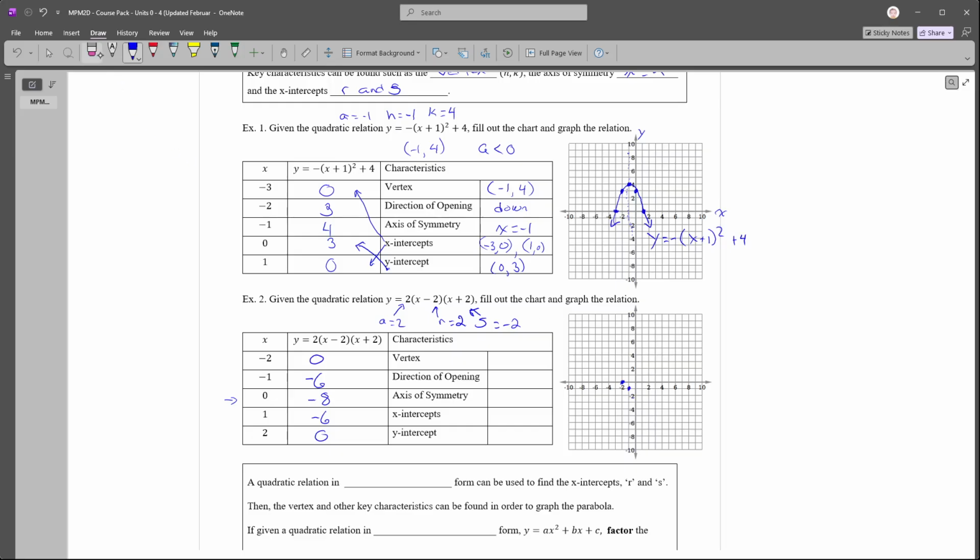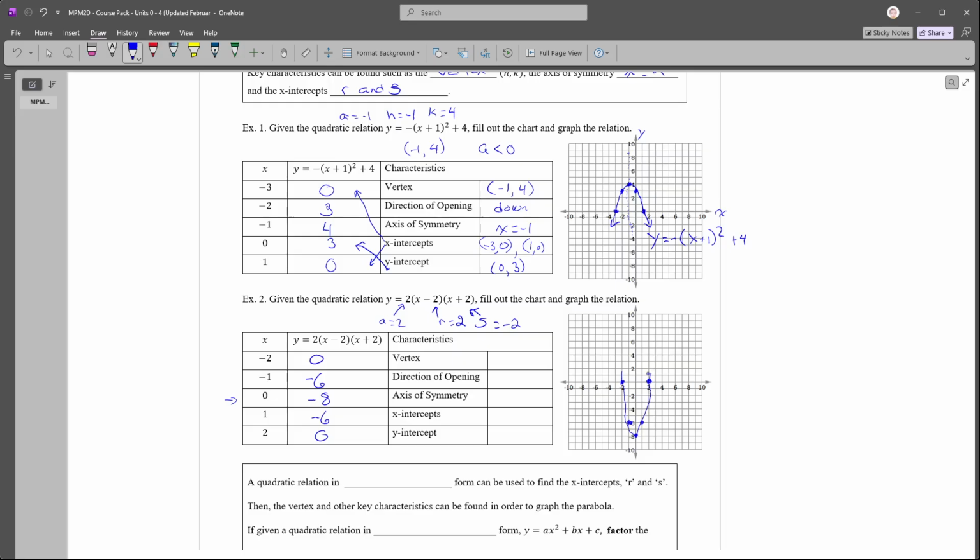It should be -1, -6. Oops, there we go, let's try it again. -1, -6, all the way down here. And then we have 0, -8 right here. And then 1, -6. Oh, there's our turnaround point. And 2, 0. So we connect the dots, and all the way back up.